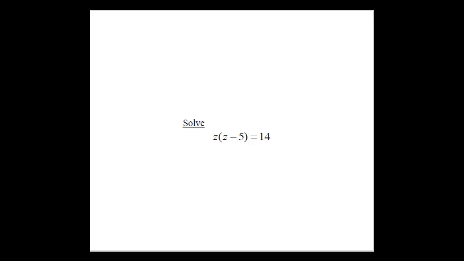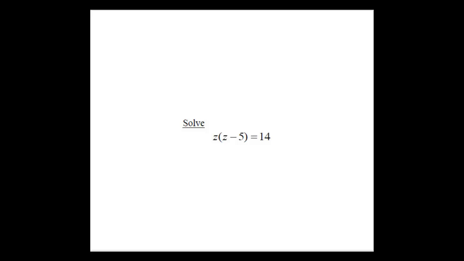So what would be your first step? Okay, Sunit, you want to tell me what's the first step here? I would put z equal 14 or z minus 5 equal 14. No, that would be true if this were equal to 0.